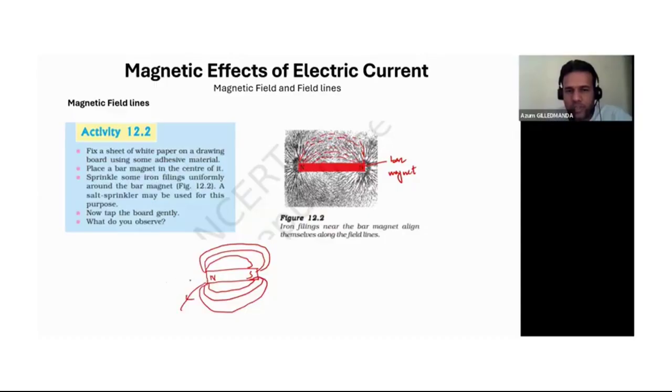Always the magnetic lines are from north to south. You understood? So the magnetic lines are like this. What we can also observe here is that the magnetic field strength near the magnetic poles is very strong.